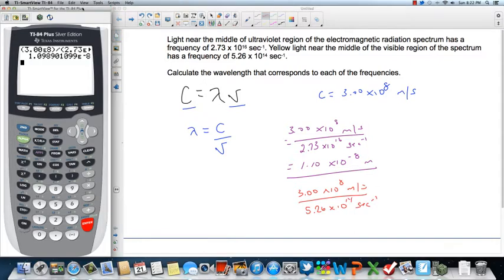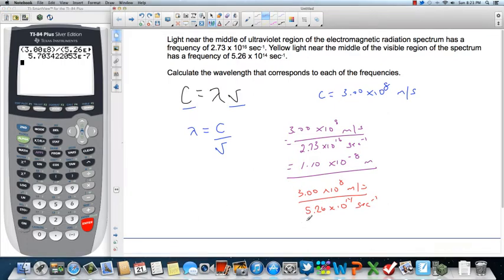Back over on our calculator, equals, open parentheses, 3.00 times 10 to the 8th, close parentheses, divided by, open parentheses, 5.26 times 10 to the 14th, close parentheses, equals 5.703 times 10 to the negative 7th.